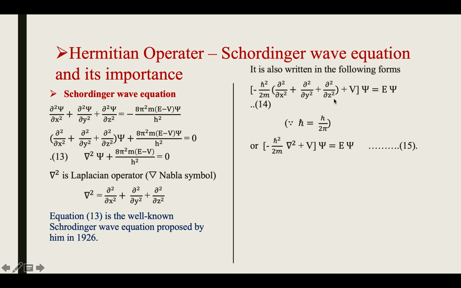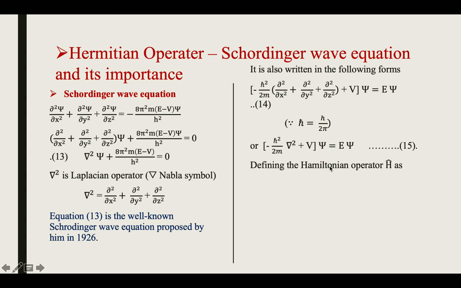This equation you can write in another form also, in symbolic terms. Here this is the Laplacian operator, the double differentiation. That is, minus h cross square divided by 2m into the Laplacian, plus V. This whole term we consider as the Hamiltonian into psi equal to E psi. This is equation number 15.